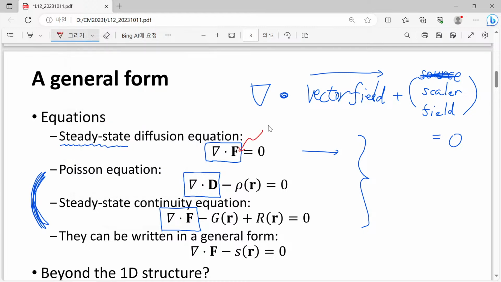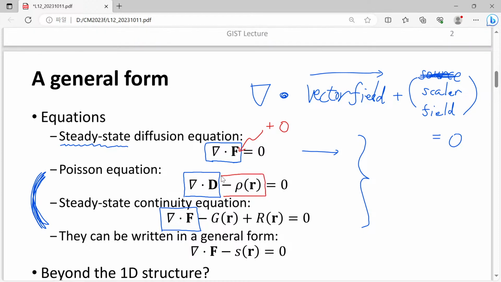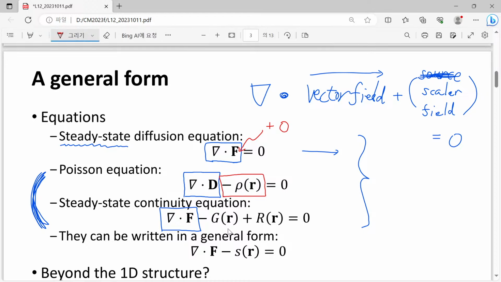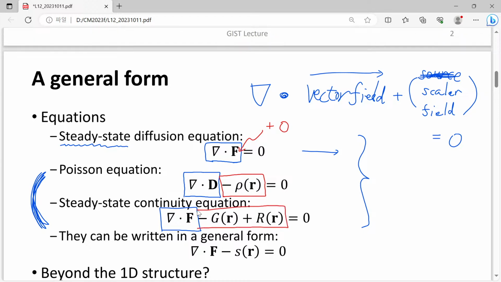This scalar field is identically 0. And how about the Poisson equation? In this case, it is just given by the negative of the net charge density. And in the case of the continuity equation, you have the net recombination term shown here.